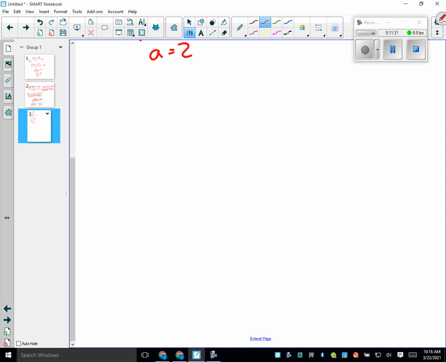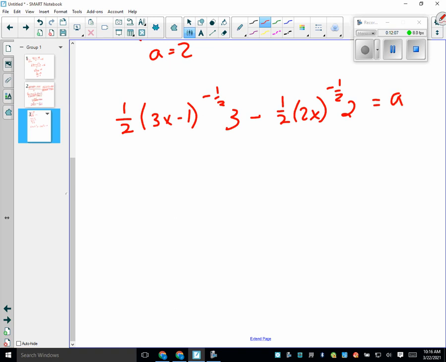So I think I have 1/2 times (3x minus 1) to the negative 1/2 times 3, minus 1/2 times (2x) to the negative 1/2 times 2, equals A, right?